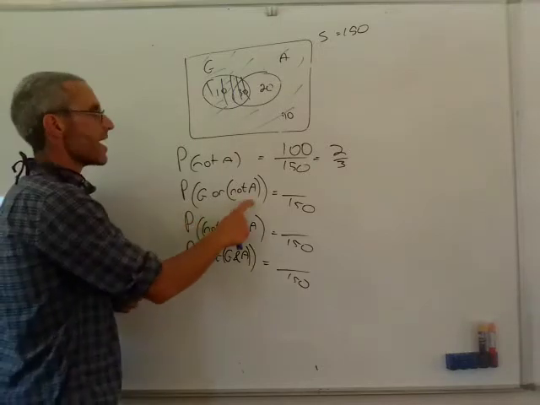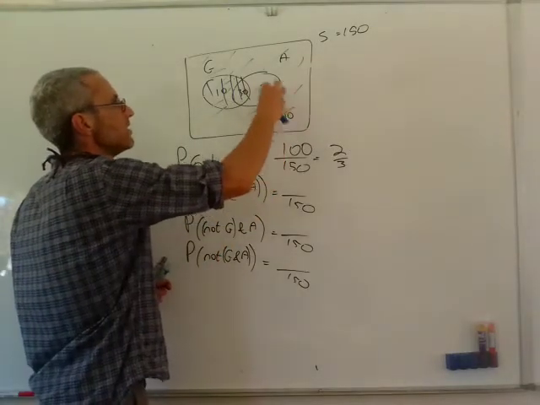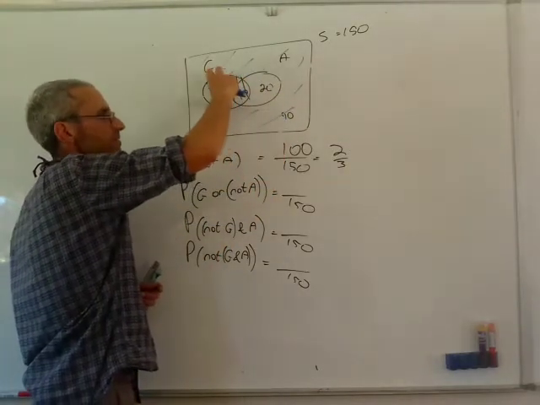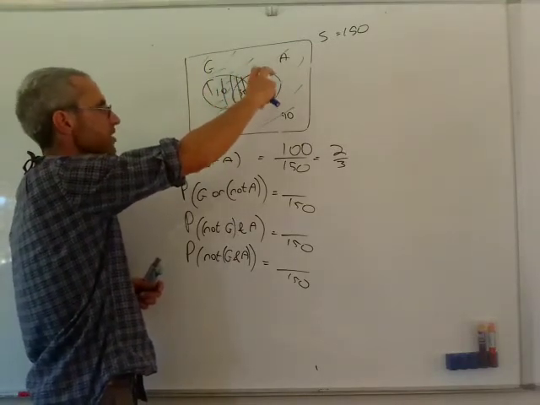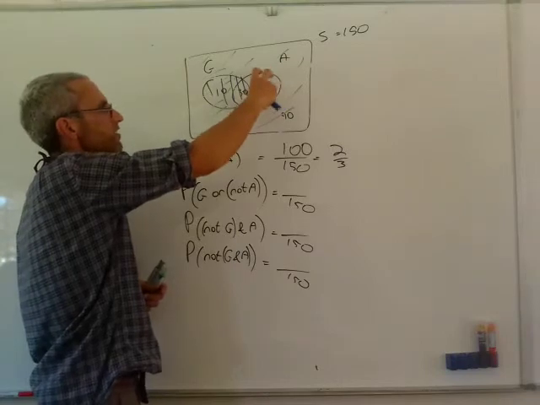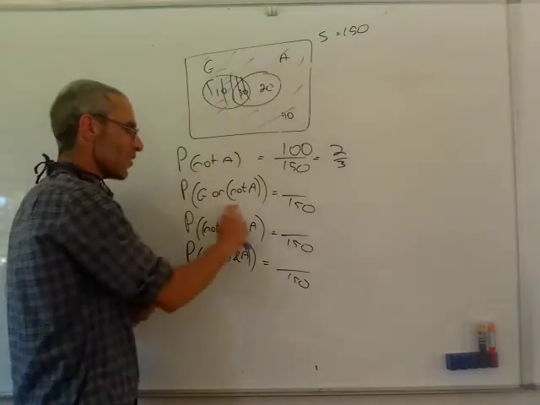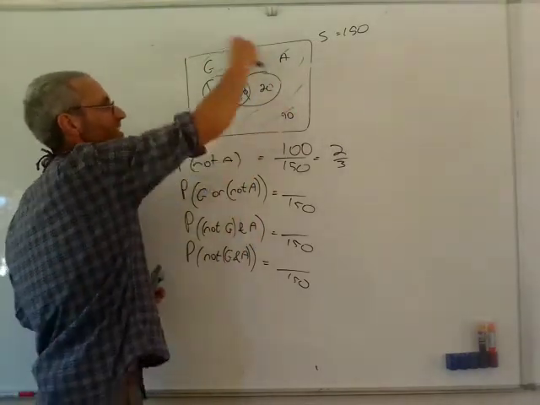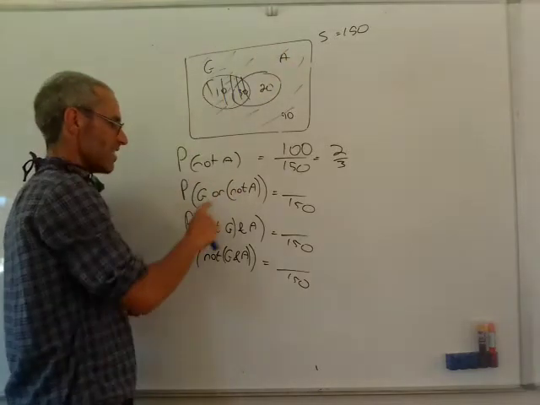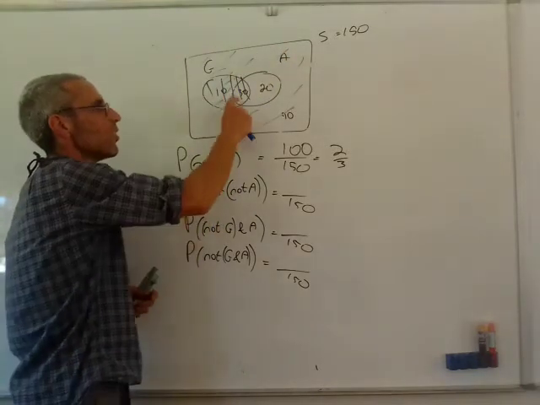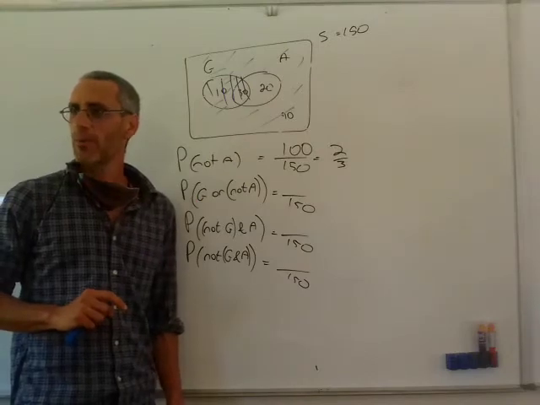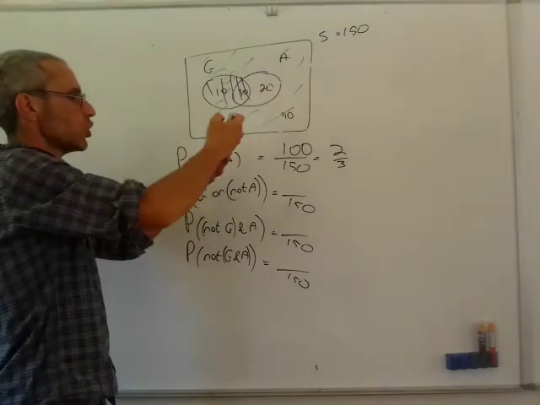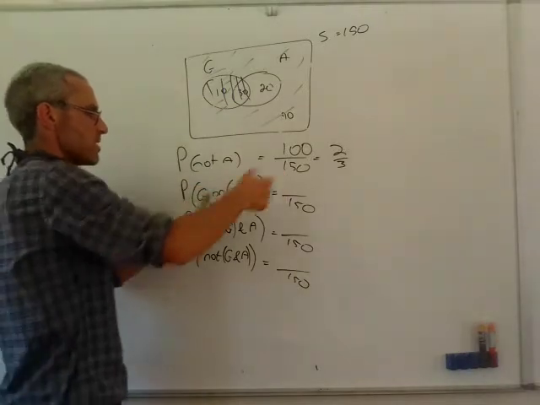So the not A is the 90 plus the 10, which is 100. G also includes these 30. Are you happy with that? So the only thing that is not shaded is that 20. In other words, how many do we have here?